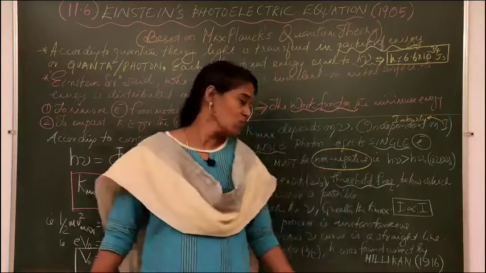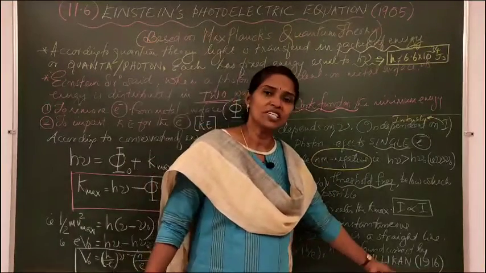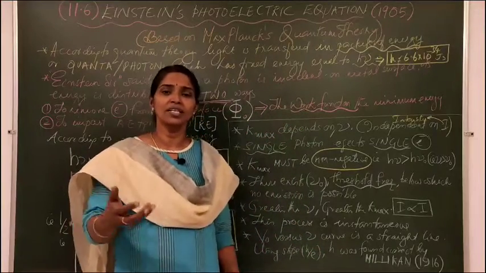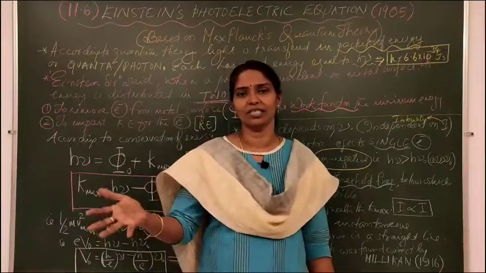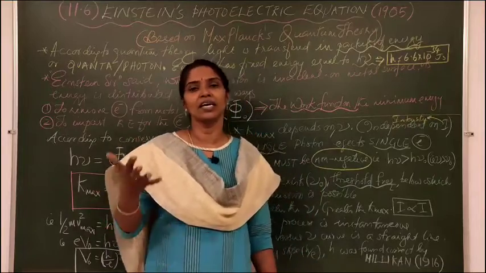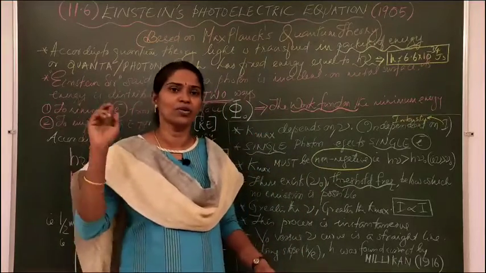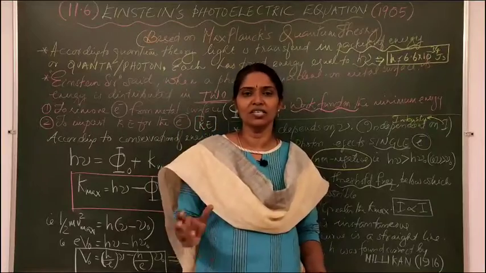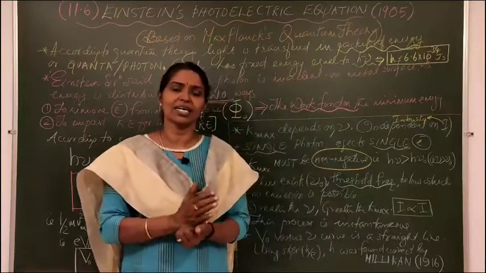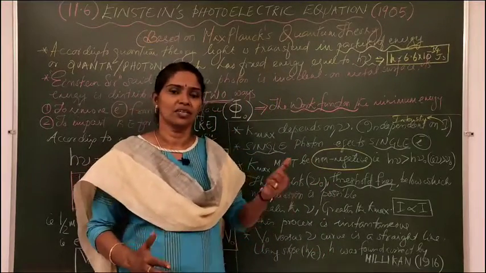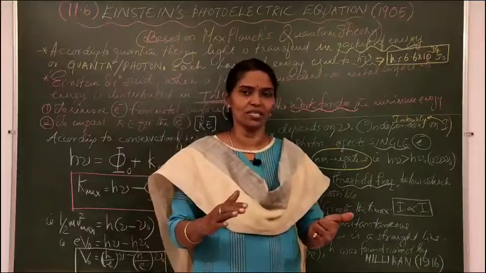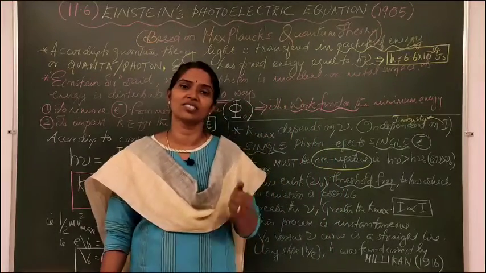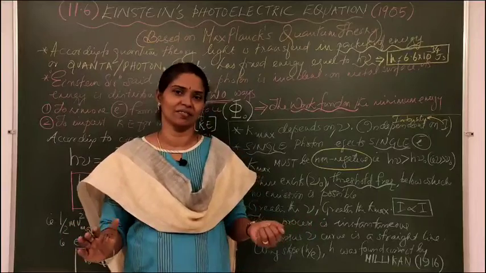And Millikan was the scientist who measured this h by e slope. He did the experiment with many materials. And finally he could understand h by e equal to m. So from that h is equal to m into e. With that equation he could exactly confirm it. He started out to disprove the equation, but finally in 1916 he had to prove that Einstein was perfectly correct.